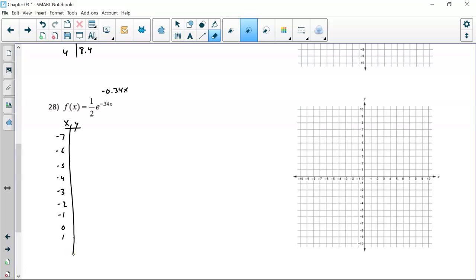Now you can find as many values as you want to so you can get the shape of the graph, and you'll see how these values kind of match up. The calculator's going to do the work for you. So 5.4, 3.8, 2.7, 1.9, 1.4, 0.98, 0.7, 0.5, and 0.4.